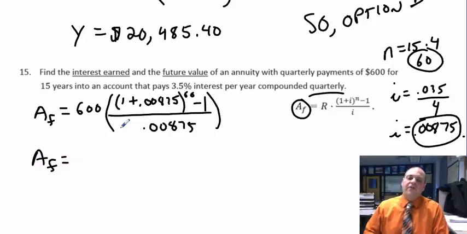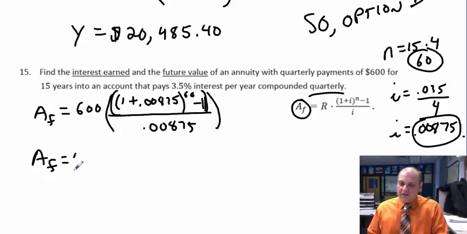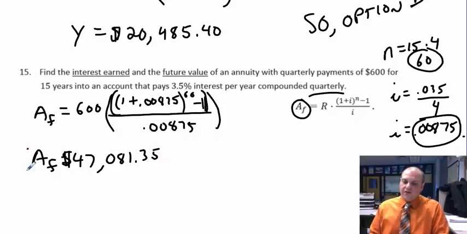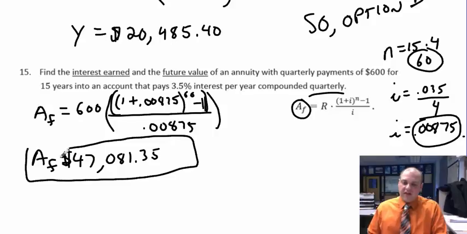If you type it all in together, you got to have parentheses all over the place, on the top, and for the whole thing. All right, it ends up being $47,081.35. That is the future value.